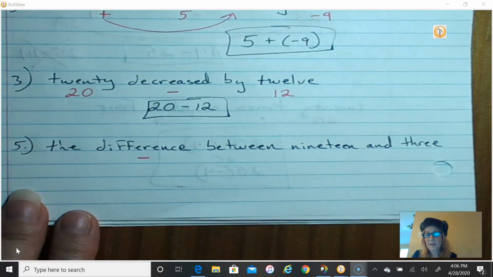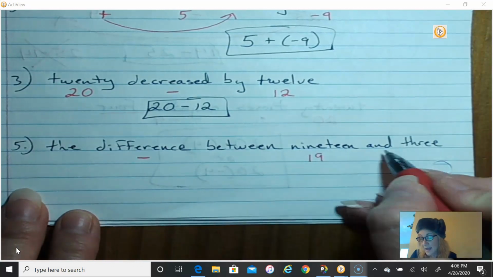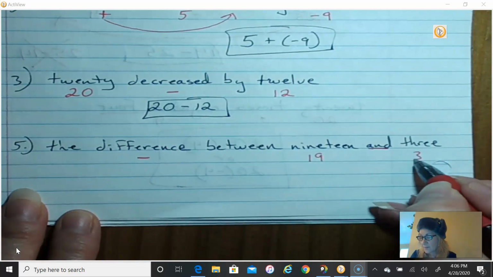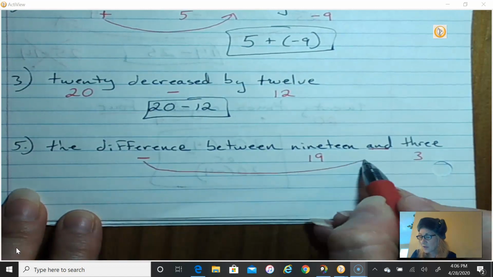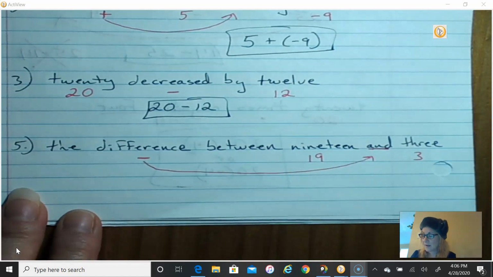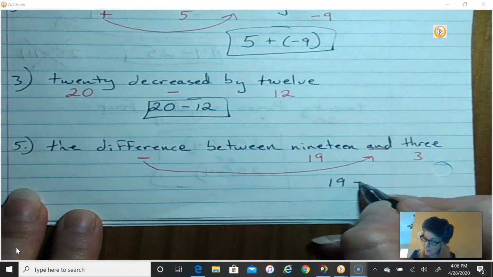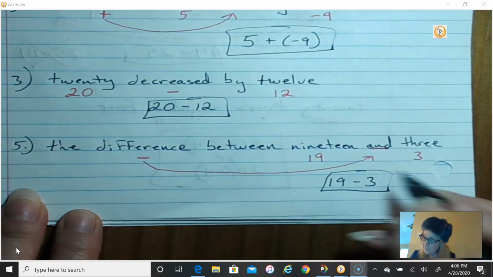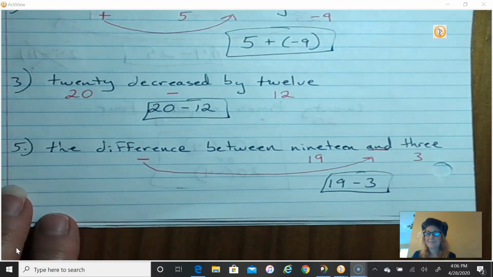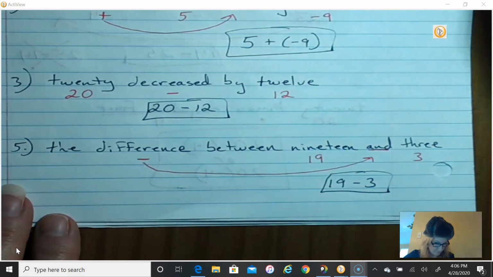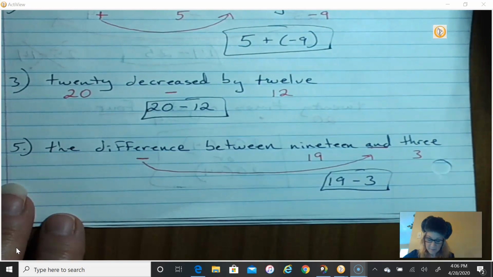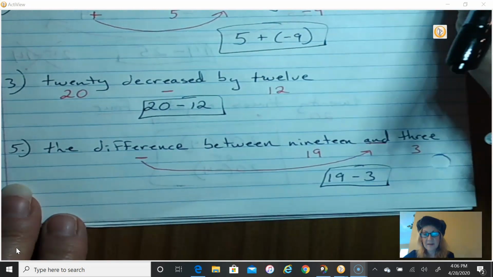Subtraction. 19 and 3. Remember, the subtraction goes right there where the and is, so you have 19 minus 3. Okay? Looking at my notes. Making sure I'm doing the right stuff. You never know with me.